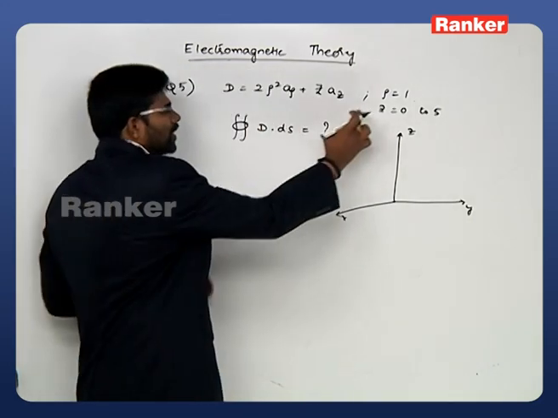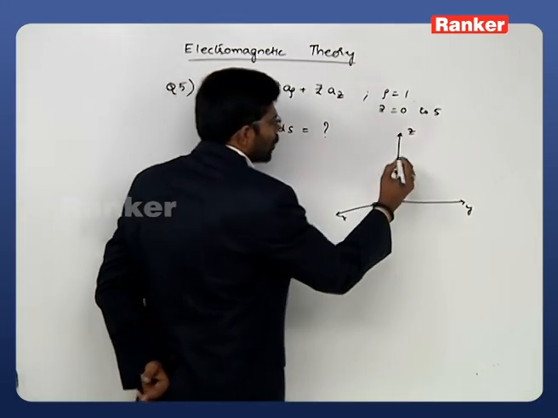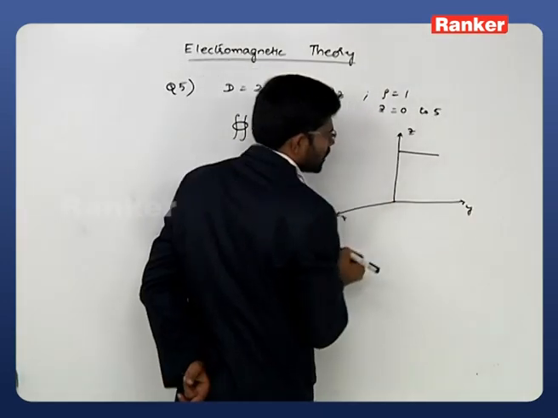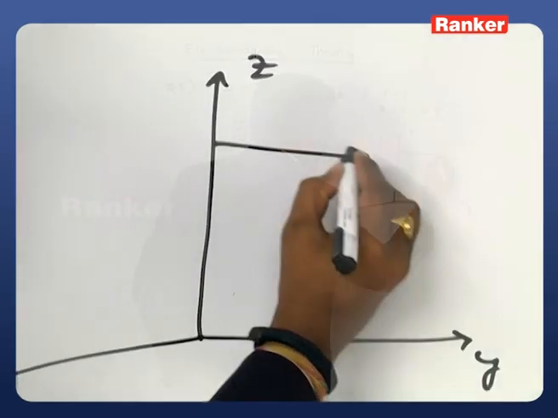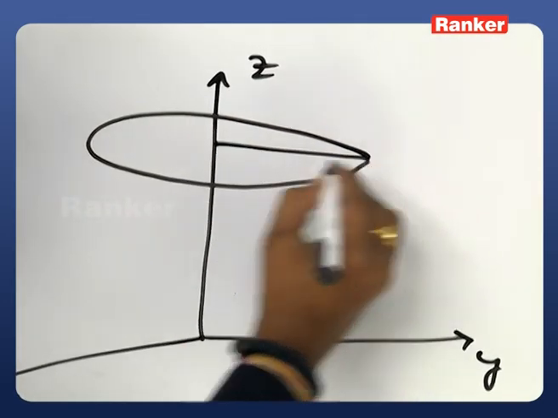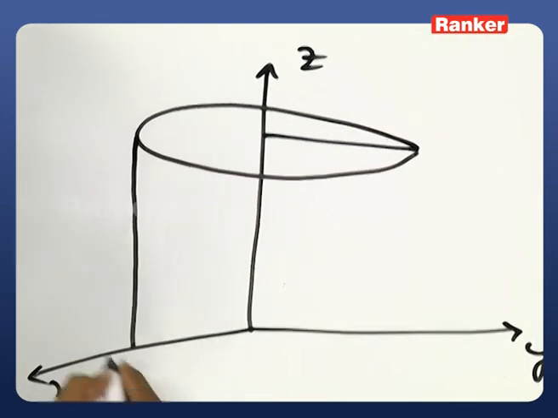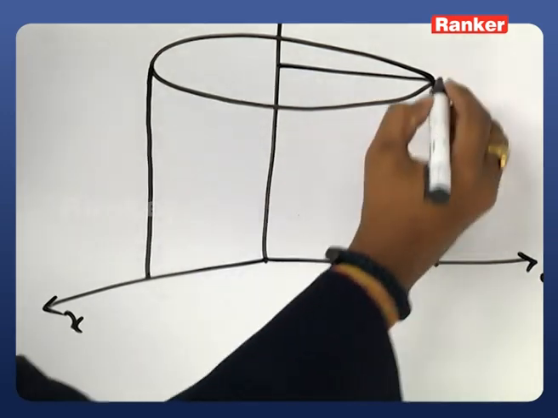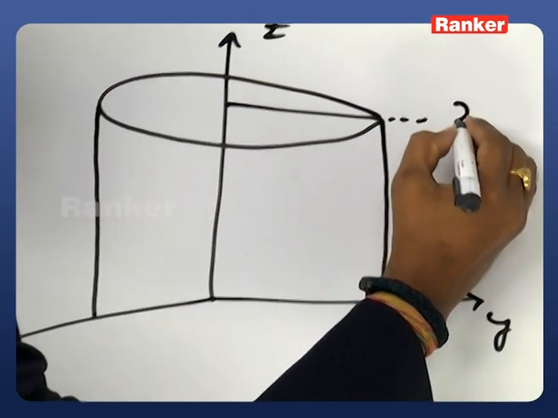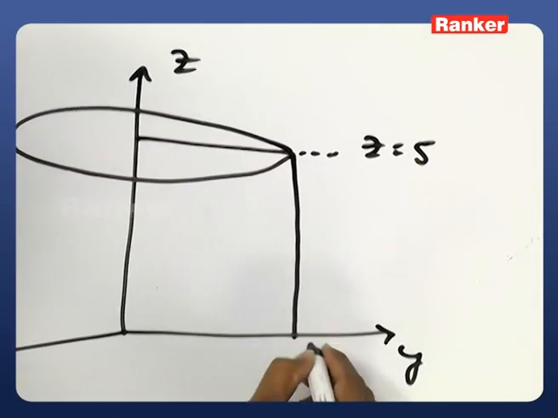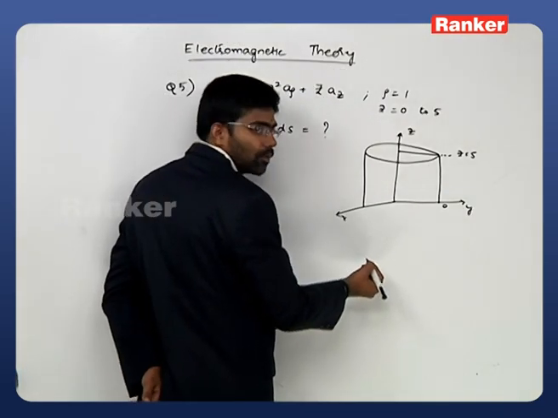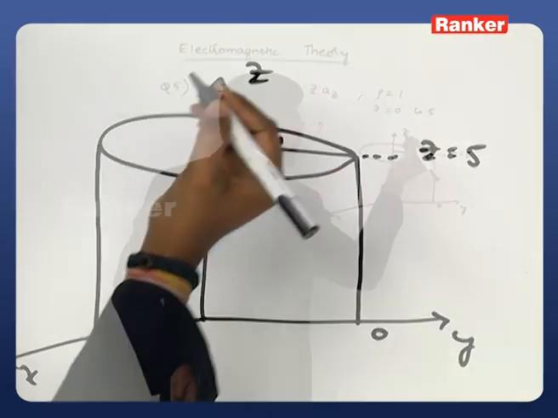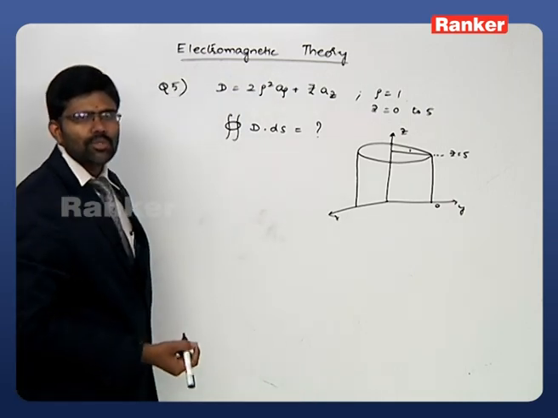Take ρ from 0 to 1, that is the radius of the cylinder is 1, and the cylinder extends from z equals 0, which means the xy plane, to z equals 5. At this location z equals 5, and at this location z equals 0, and the radius of our cylinder is 1. So ρ equals 1.